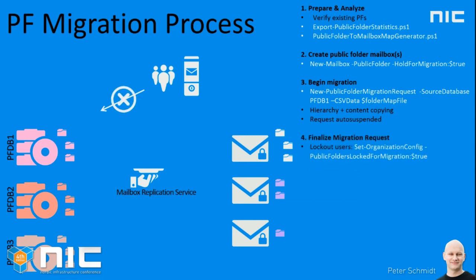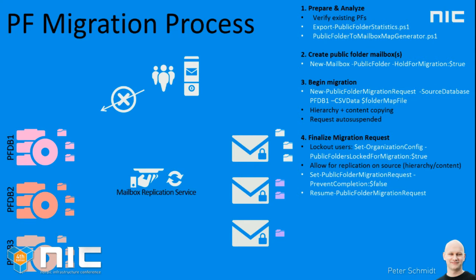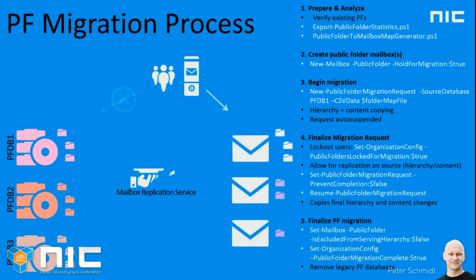So we go back to our Exchange 2010, in this case, and we do a lockdown on our public folders. This means that people trying to access our public folders will get a message in Outlook telling them that public folders are unavailable. And now we can start the migration request again, or resume it, and we will finalize the copy of the hierarchy and the content copying.